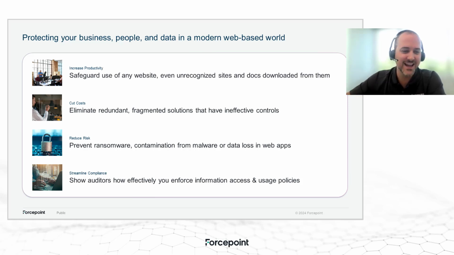Alrighty, thank you, Justin. Before we wrap up, I just wanted to highlight a couple of the key value points that we've iterated during this call. Four main areas where I think we provide exceptional value to organizations. Number one, increasing productivity by safeguarding the use of any website, even unrecognized sites or GenAI. Also cutting costs, by eliminating redundant and fragmented solutions that have ineffective controls.